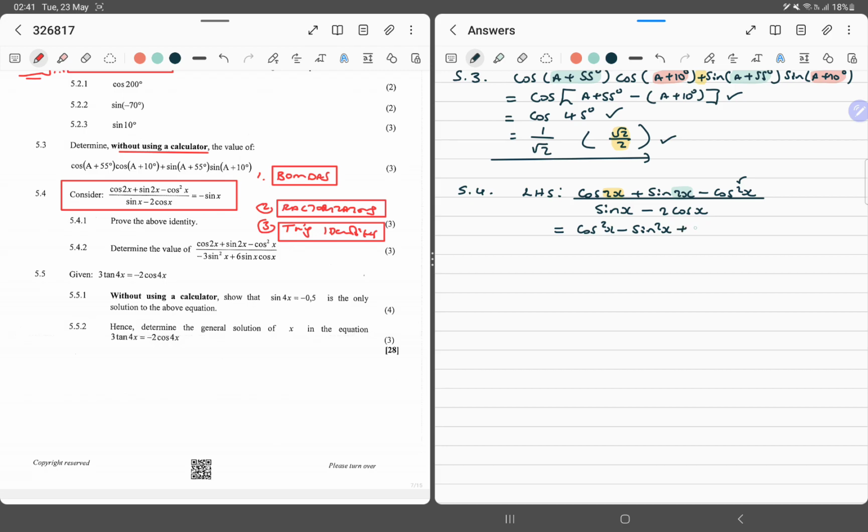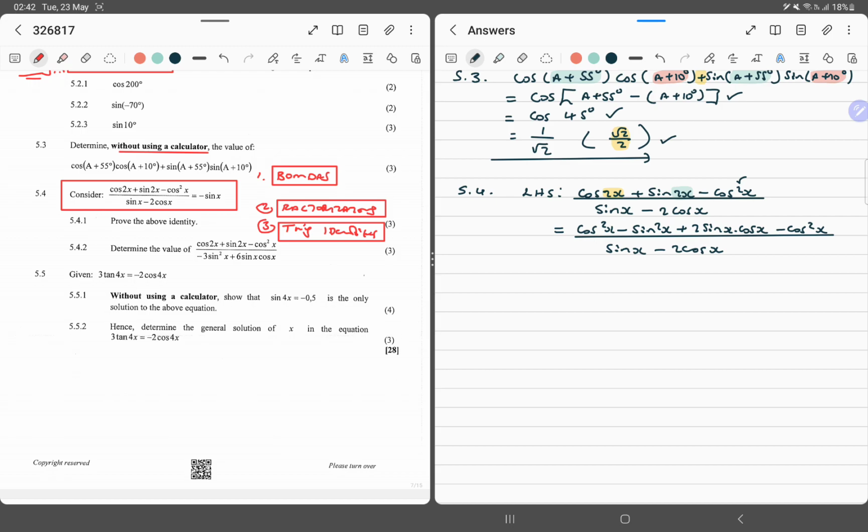And then we're going to say plus, this one is 2 sine x cos x, and then minus cos squared x. And then at the bottom, we really don't have much that we can do, so we're going to have sine x minus 2 cos x.